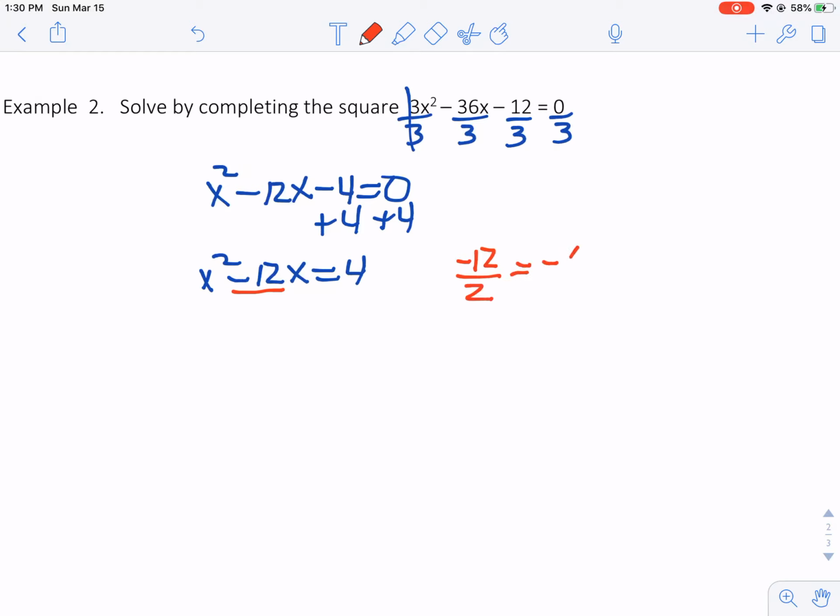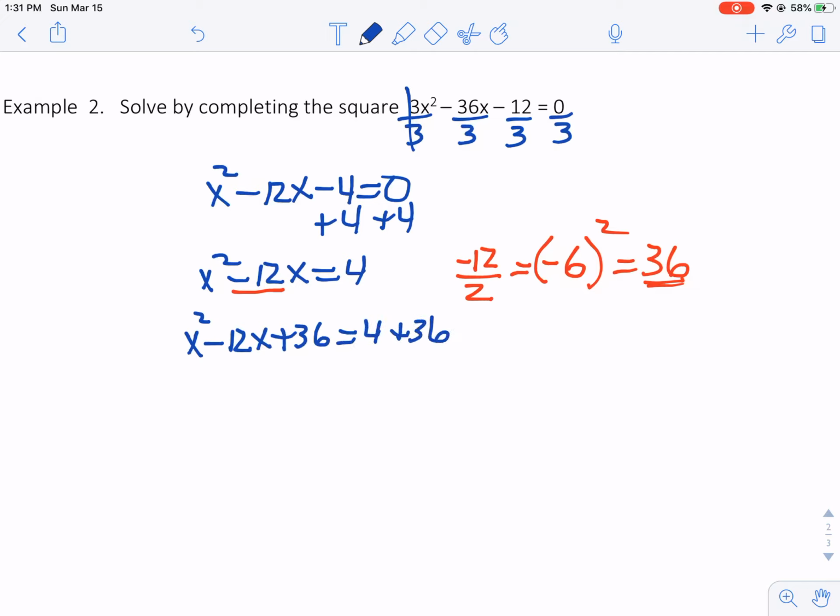That gives me a -6, and since it's negative, I have to hug it before I square it. -6 squared is 36. So now I'm going to take that 36 and add it to both sides of my equation. So x squared minus 12x plus 36 equals 4 plus 36. So I'm adding it to both sides.